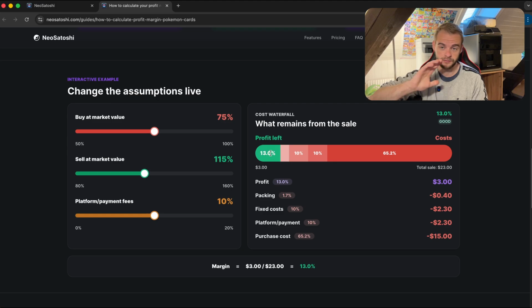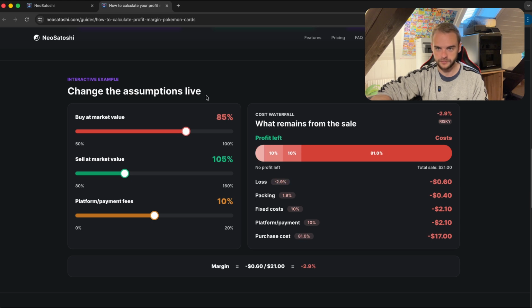And the things which I told you before, like shipments which get lost or damaged cards, you also need to account for, and then you have even lower profit left. So you need to be careful. You can see it quickly turns on the numbers, and if you just sell a bit above the market price, or you buy the card at 85%, you see you make a loss. So you cannot do this if you want to have a business, as this would be very bad.